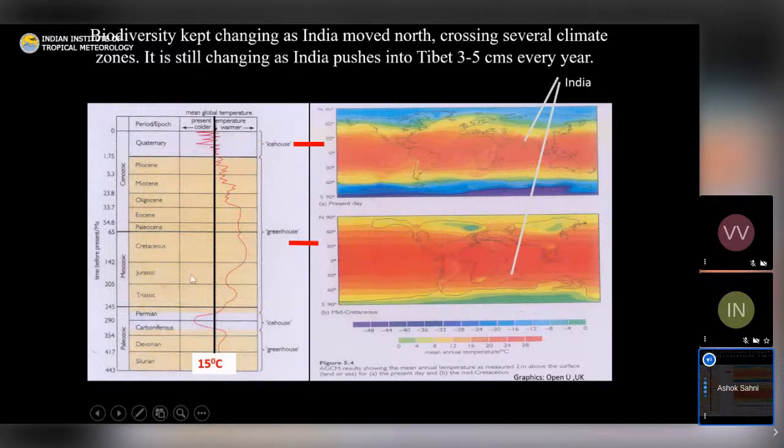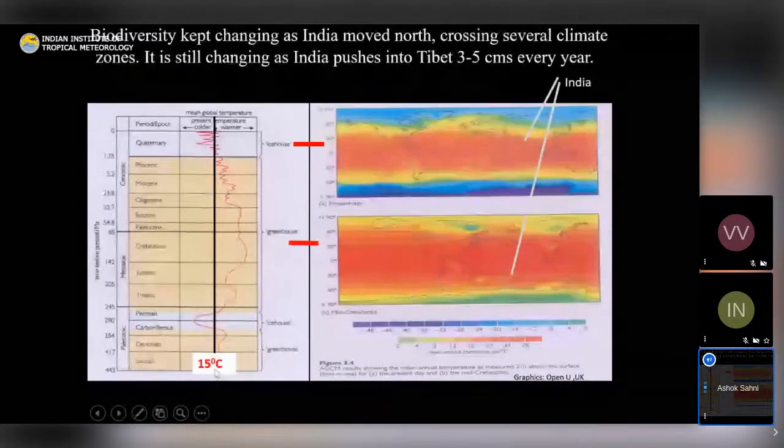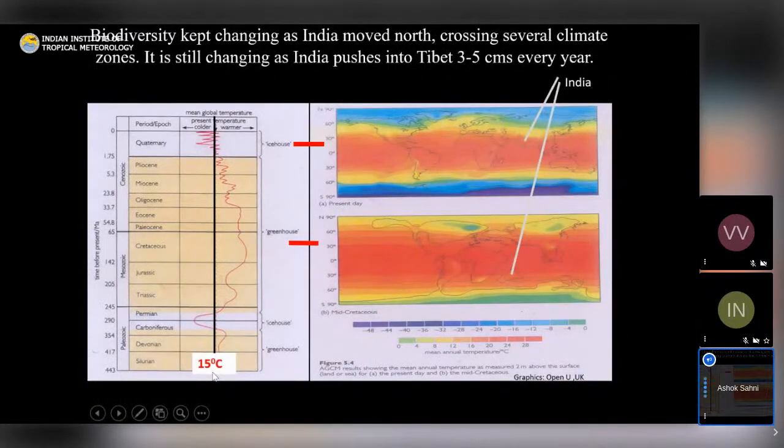This is basically the global mean annual temperature today, 15 degrees Celsius or 16 degrees. And this red curvy line shows the deviation from the present global mean average. And it shows how warm the Earth was.